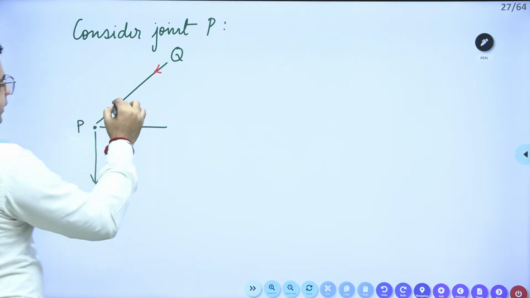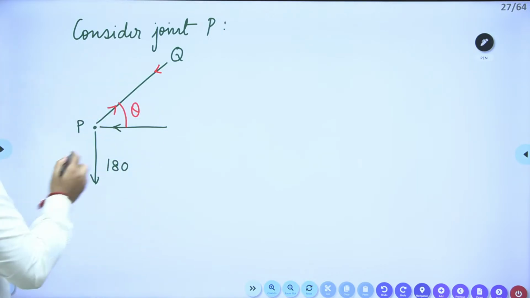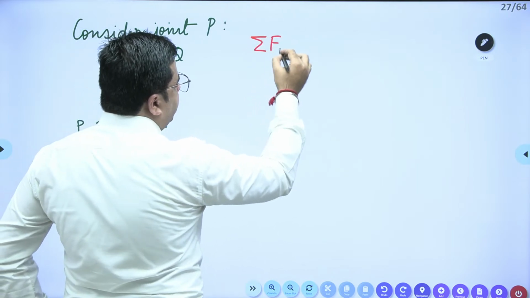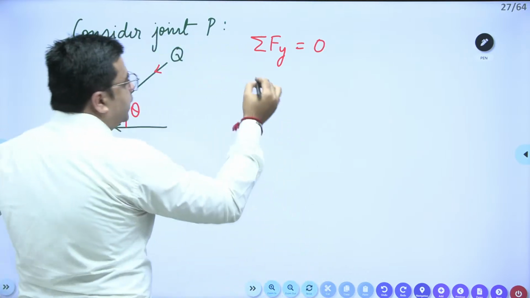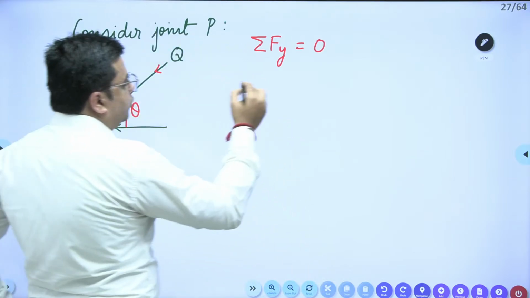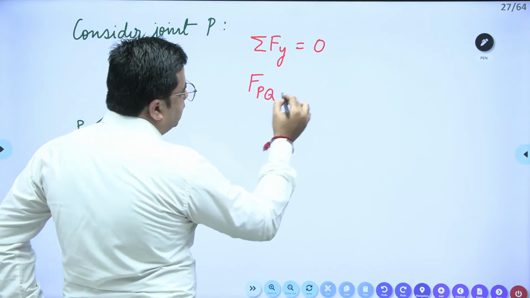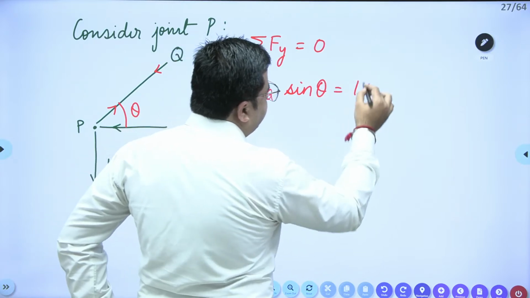Taking the vertical component, summation of Fy equals 0 at point P will give us the member force PQ: FPQ sin theta equals 180.